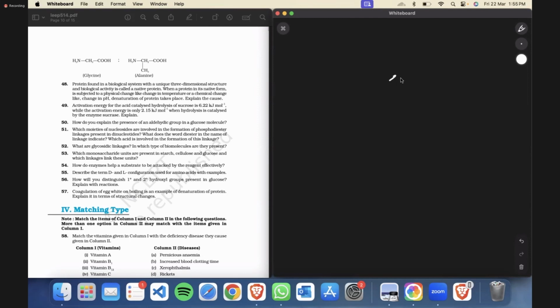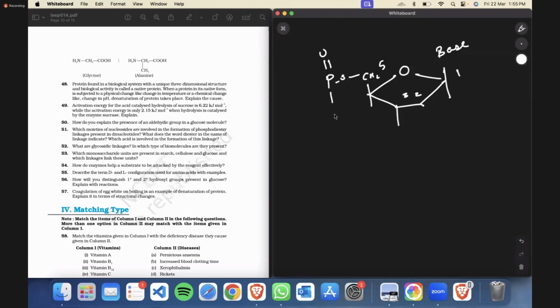Suppose this is a sugar. On top of it, you have a base. This is carbon number 1, 2, carbon number 3. You can have something over here. Carbon number 4, but this is carbon number 5. And to it, you have P double bond O, single bond O, single bond O minus.